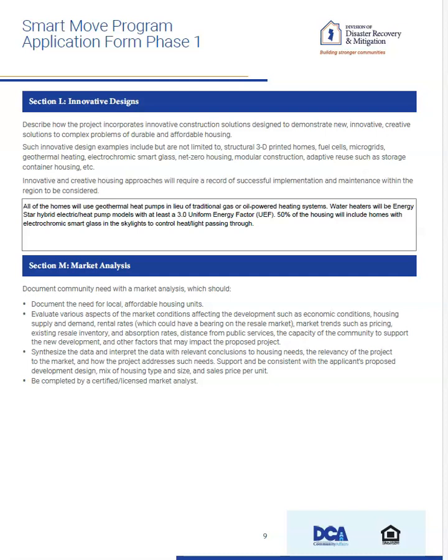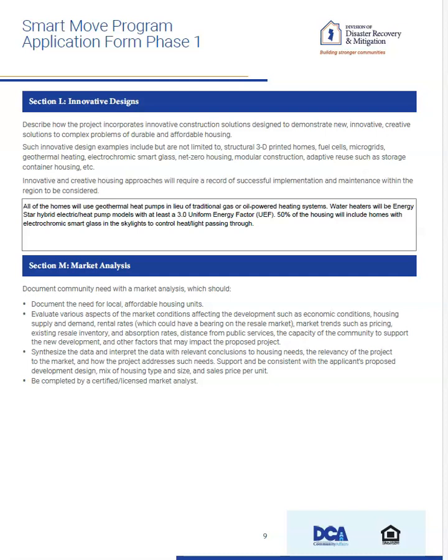Section M, Market Analysis. Next, you'll need to complete and attach a market analysis. Requirements for the market analysis are included on page 9 of the application. The market analysis will be used to document the local need in the community for additional affordable housing units.